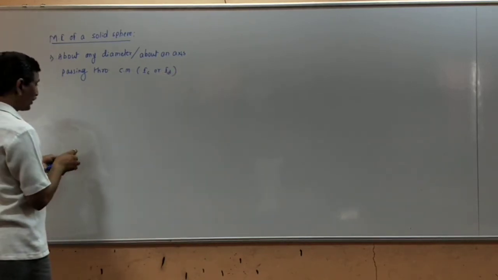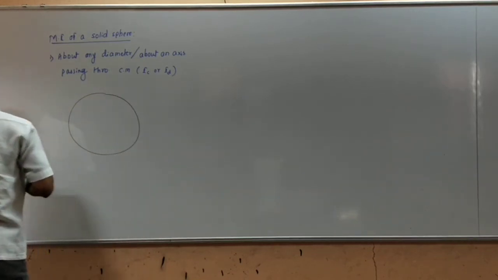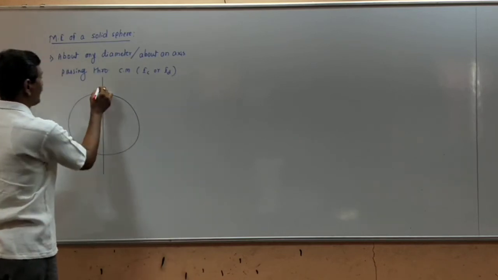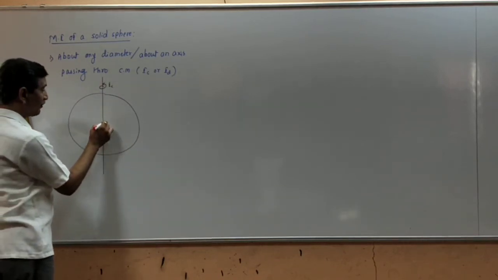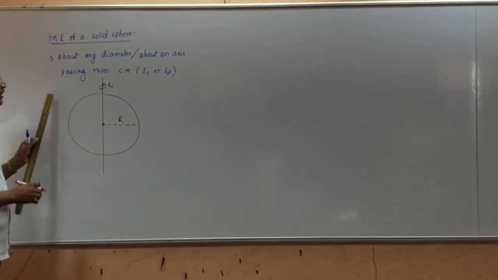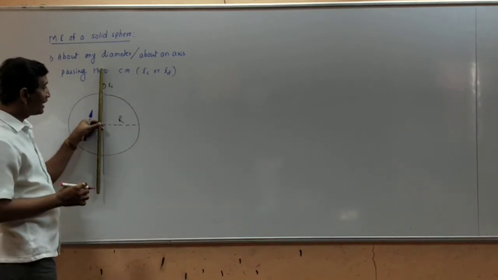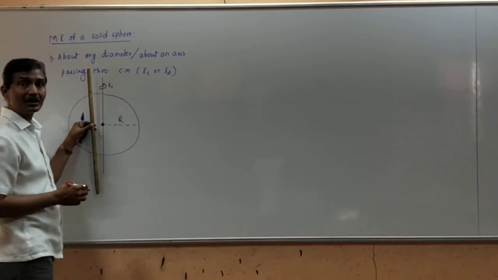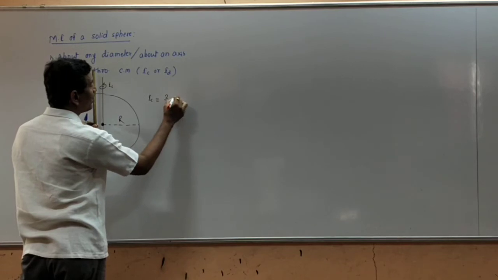So this one is the solid sphere of mass m and radius capital R. This sphere is rotated about this axis. Then it is say IC or ID. M is the mass and R for radius. So moment of inertia of such a solid sphere about any axis passing through its center of mass, that is about the diameter, this moment of inertia IC is 2 by 5 mr square.